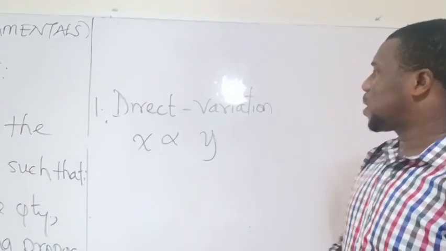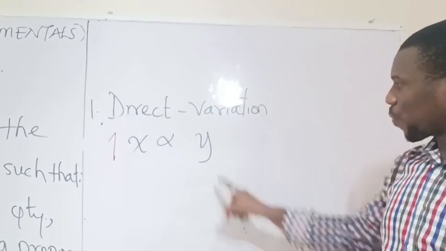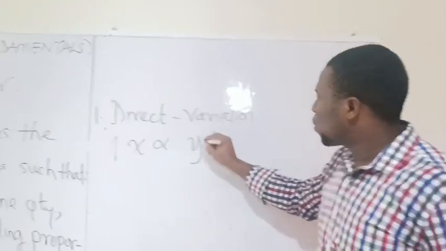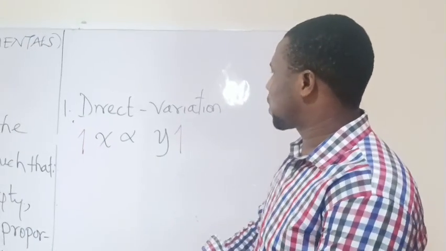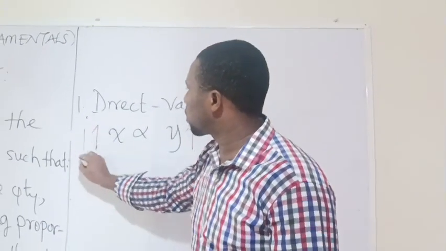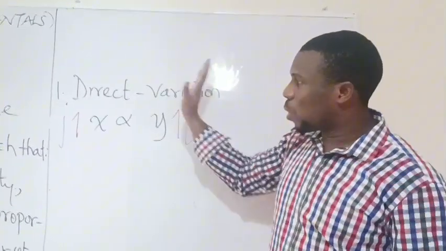What it simply implies is, if quantity x increases, quantity y would also increase. And if quantity x drops, quantity y would also reduce. So this is what we call direct variation.